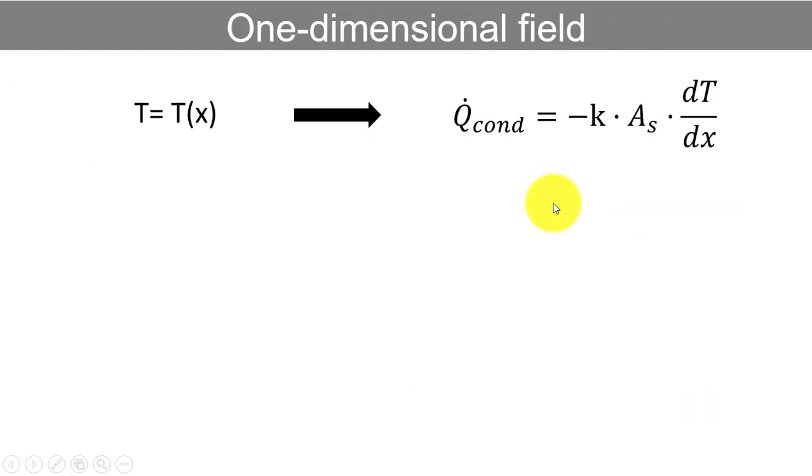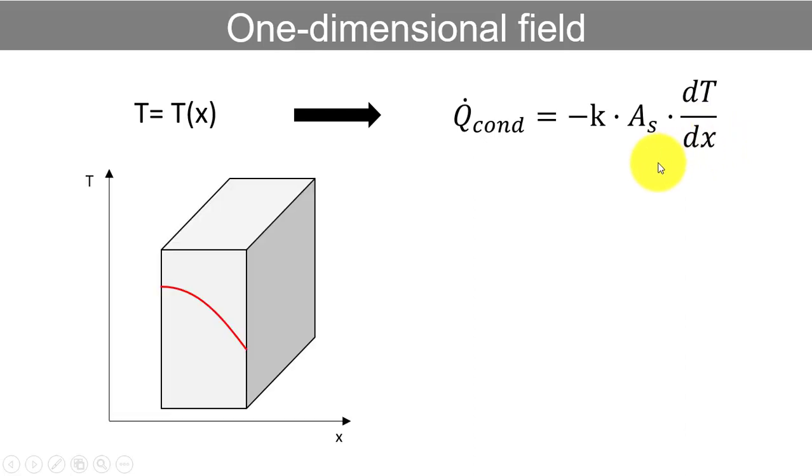So considering that specific problem, the 1-dimensional problem, the temperature field depends on only one axis, and the specific expression of the conduction is, as we explained before, minus the conductivity times the surface times the differential of temperature with respect to that significant direction.